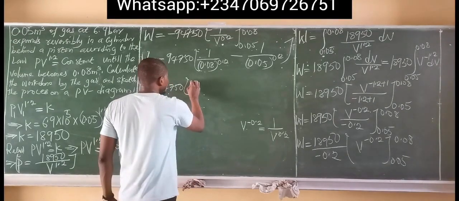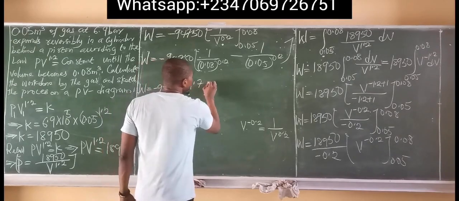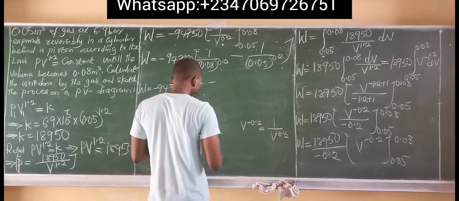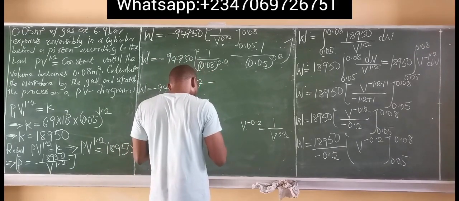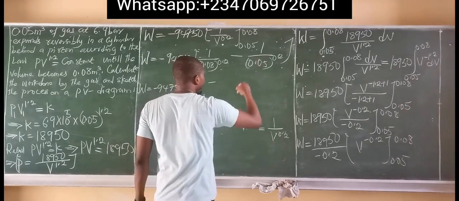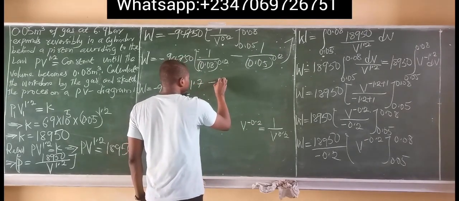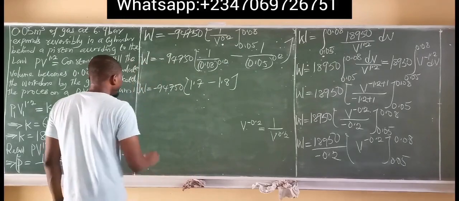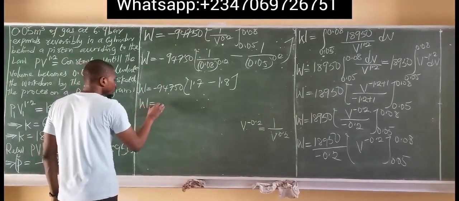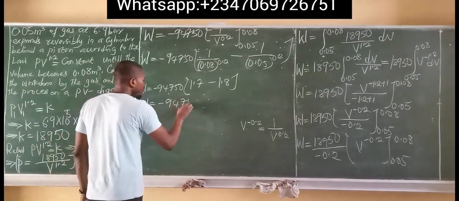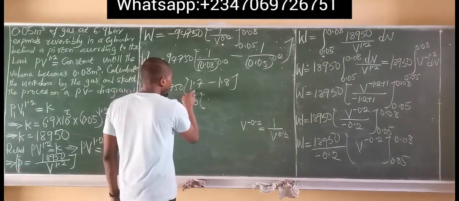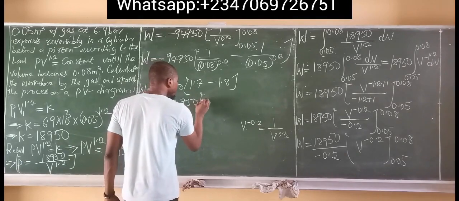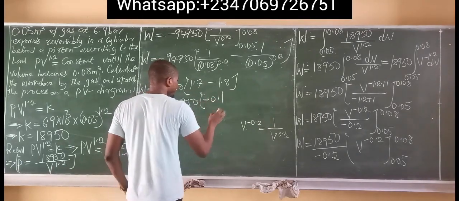That gives me approximately 1.7 minus, next I will do 0.05 to the power of 0.2, then I'll do 1 divided by the answer, and that gives me approximately 1.8. Now, work done is equal to minus 94750 into 1.7 minus 1.8, which will give me approximately, obviously, minus 0.1.